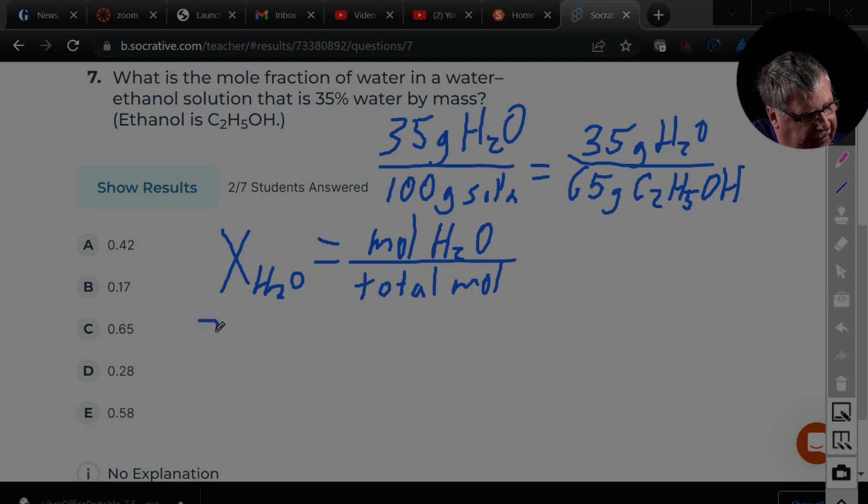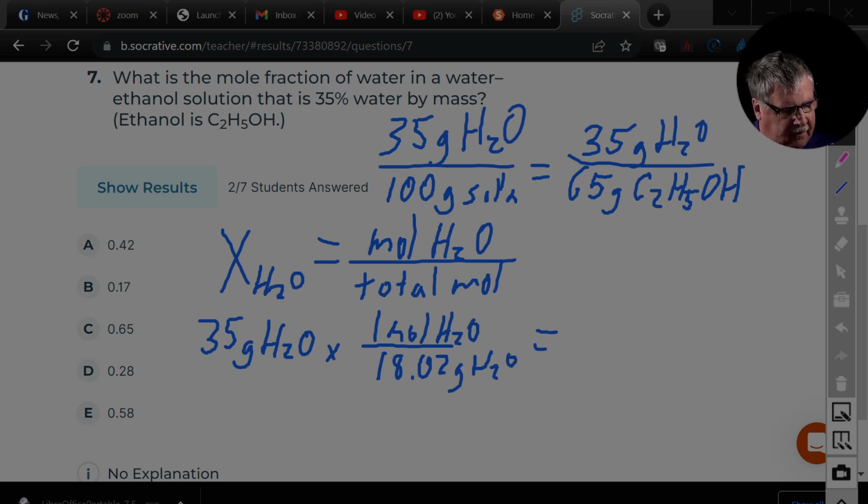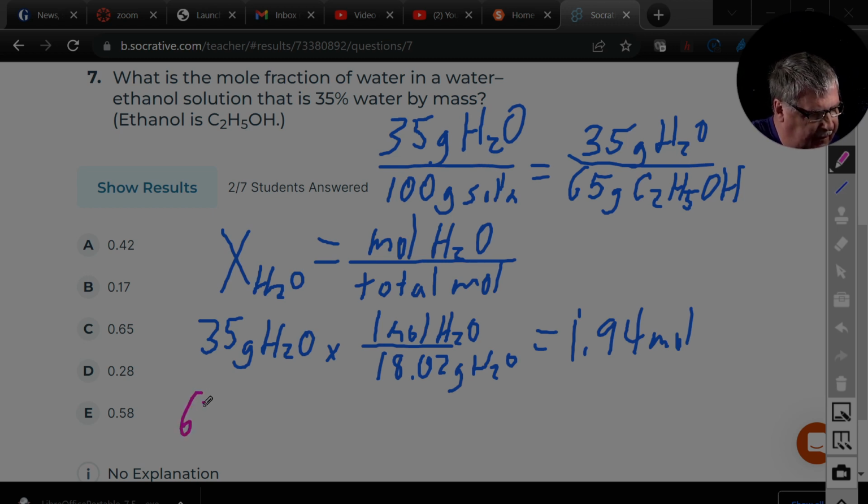So if we have 35 grams of water in this solution, divide by the molar mass of water, and then we can do the same with ethanol. We have 65 grams of ethanol.